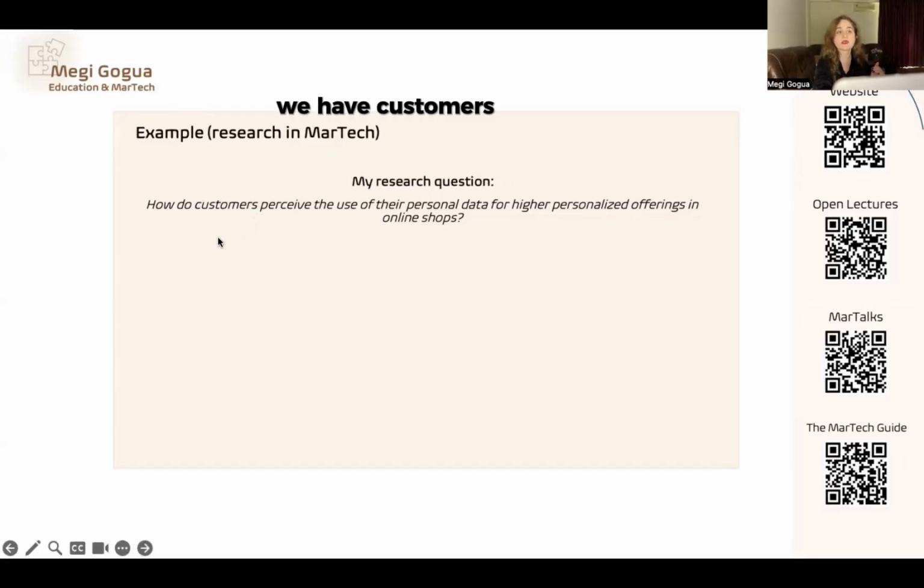We have customers as a term of people who can be identified as the customers. We have this term of to perceive, the perception. The perception is also a very important term in marketing, which can be defined through several characteristics, especially if we use it as a variable. Personal data. Personal data is also a strict term which defines the type of data which can be obtained through this set of ways.